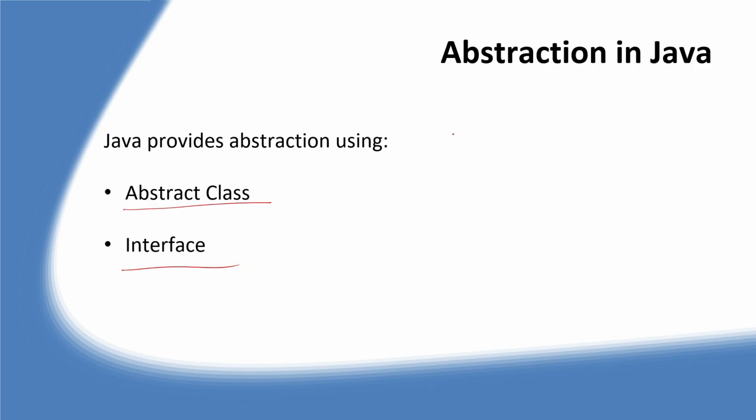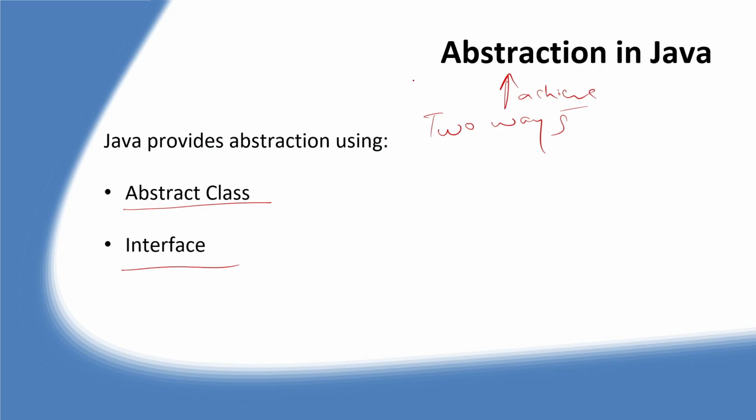So we can say there are two ways to achieve abstraction, that is data hiding. We are hiding some data, right? The complex part we will hide, and only the essential details which the user needs to know will be shown to the end user.